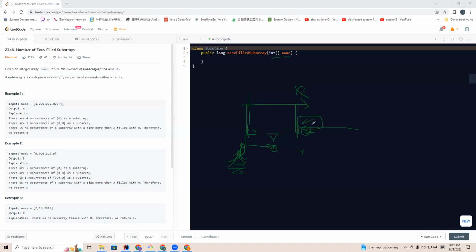Then we can find the count from left to right, and we also move this right pointer.